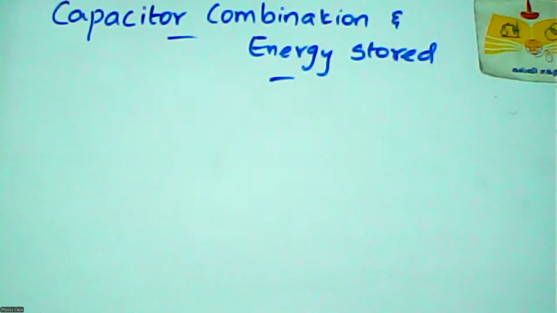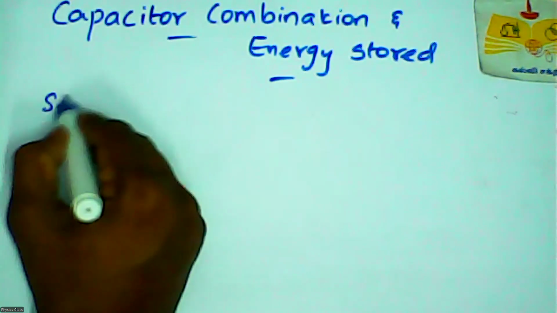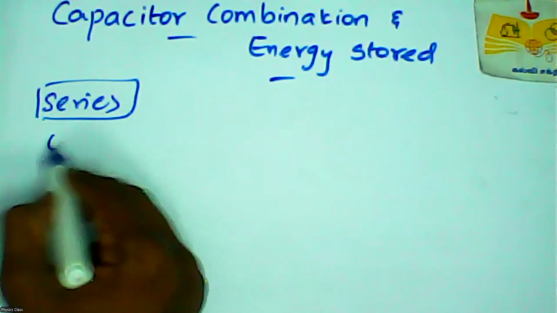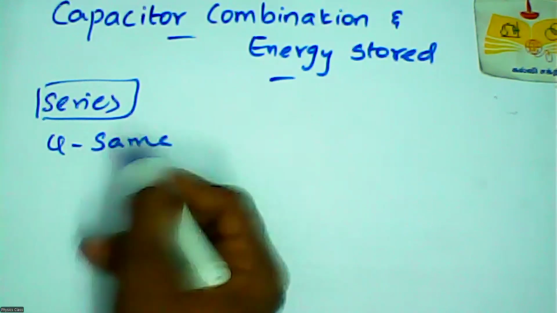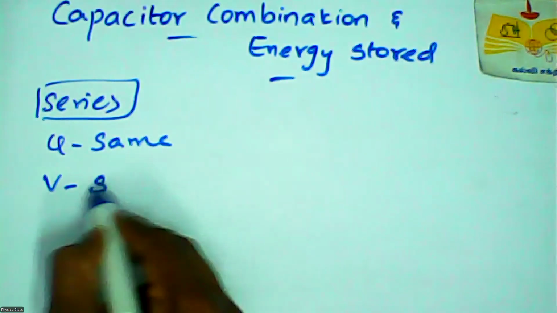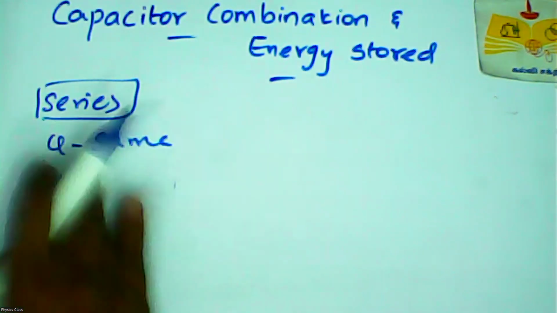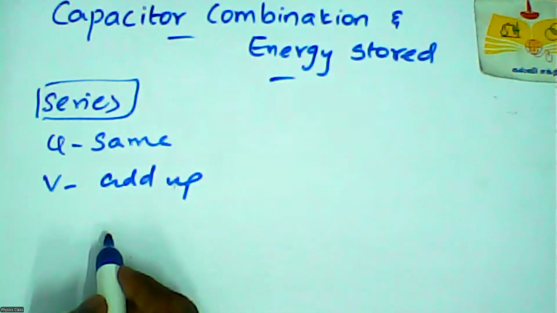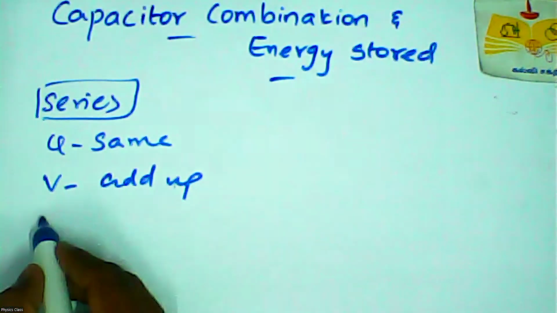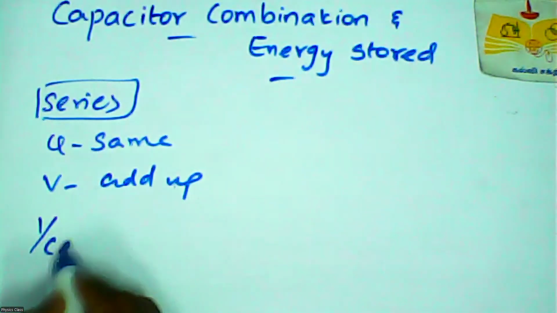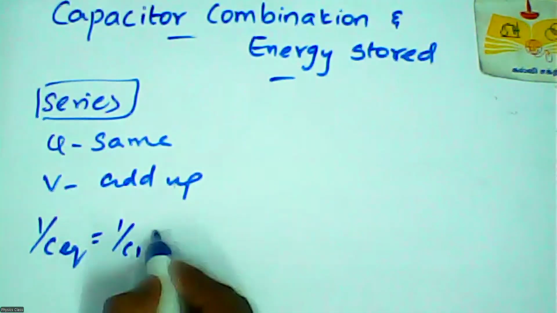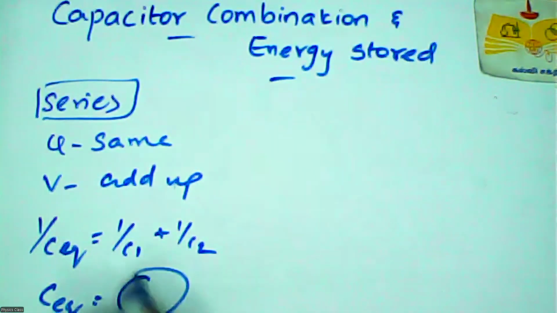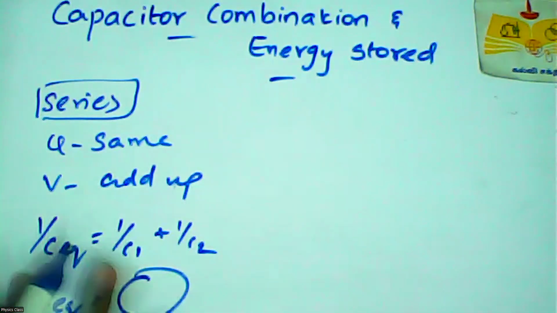So today we learned about the two primary ways to combine capacitors, series and parallel. In series connection, charge is same, voltage adds up, and we use a reciprocal formula. For example, for two capacitors, 1 by C1 plus 1 by C2 gives 1 by C equivalent, and we take the reciprocal.